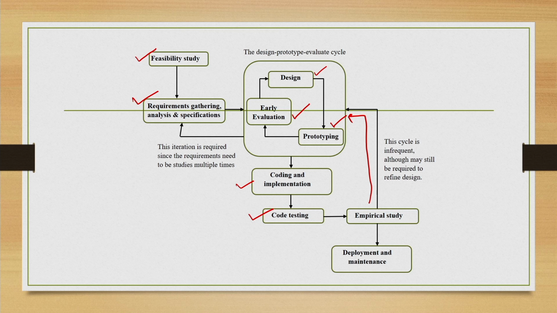So, compared with the typical waterfall model we have differences at many stages, like the cycle of many substages, then from empirical study going back to this cycle. In the requirement gathering, the way it is typically done for non-user centric software, there is a lot of change in the user centric software, where we perform requirement gathering and analysis in a very prominently or markedly different way, which we will discuss in subsequent lectures.